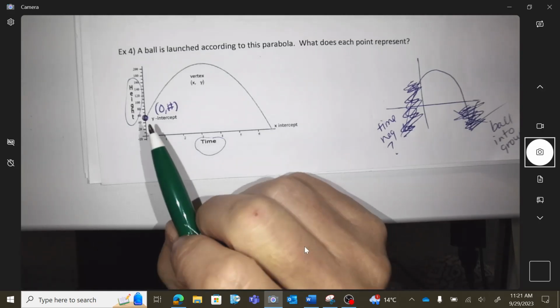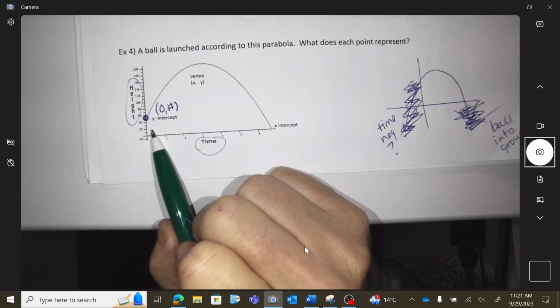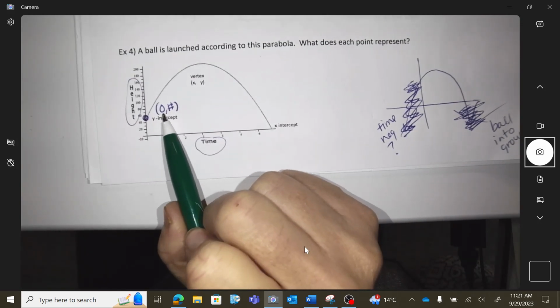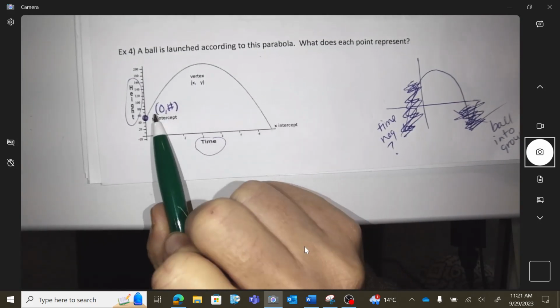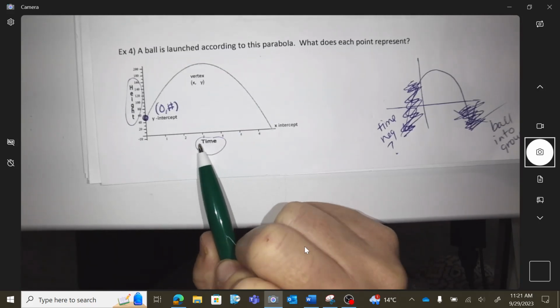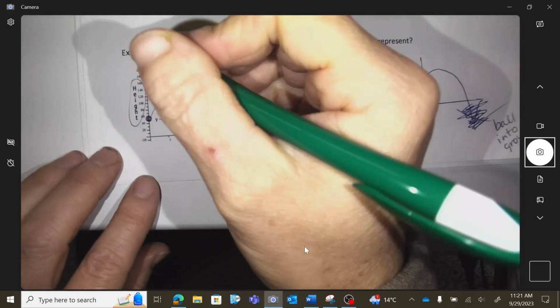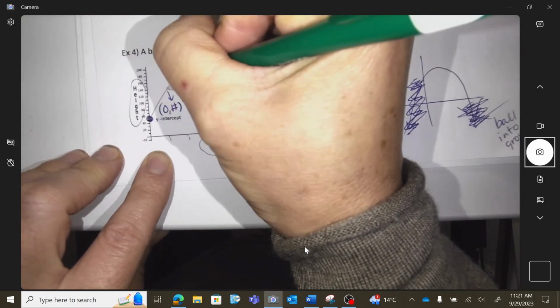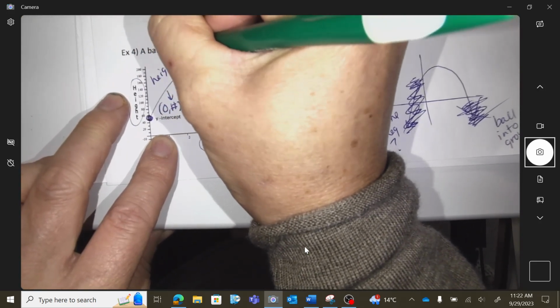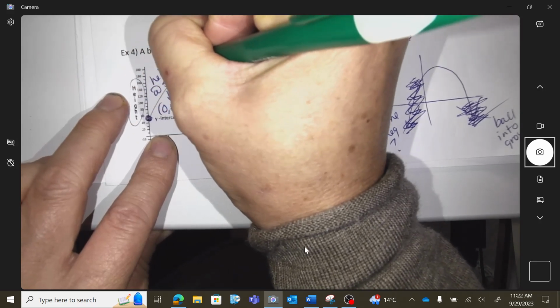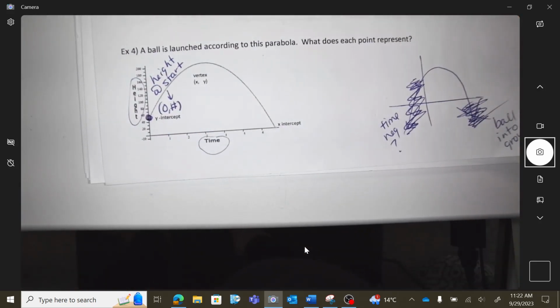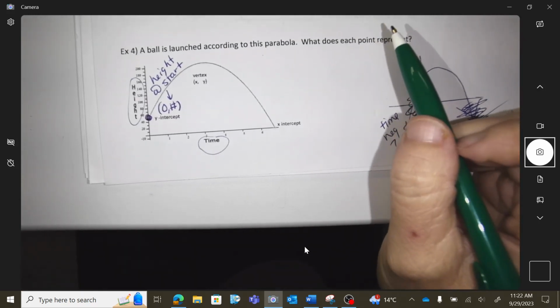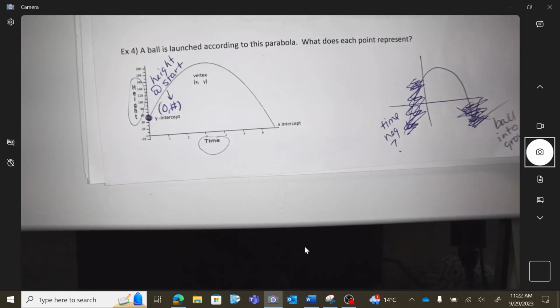What is the y-intercept? 0 is the what? 0 time. So that is the start. So it would be the height at the start. Would that make sense? Whatever that number is. So I can see it. It's 50, but 50 what? 50 is the height I'm starting from.